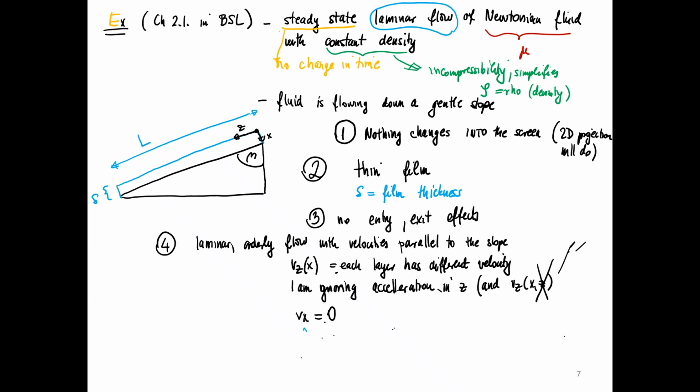Okay. So basically, I really have Z momentum transfer. Transfer is what we are looking for. Setting up balance of Z momentum transfer will ultimately give me these velocities.